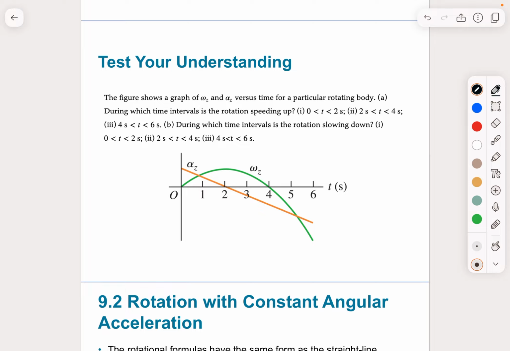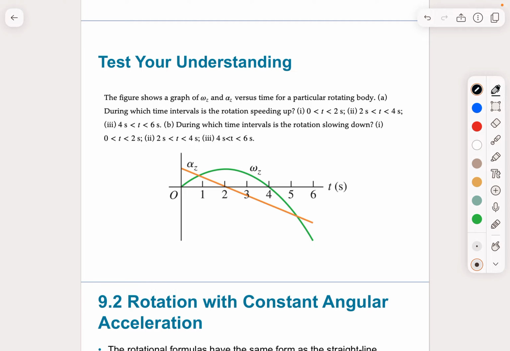So here you're given the angular acceleration and velocity, obviously, with respect to time. And in this graph, we want to identify which intervals you have a speeding up rotation or a slowdown rotation, okay?